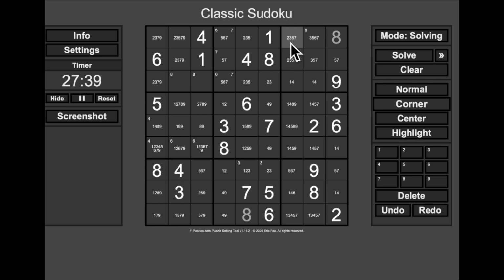I think, okay, when did I say this couldn't be a 6? I think that has to be a 6 there. So that's 7. No, that's not necessarily a 7. That 6 says that's not a 6.